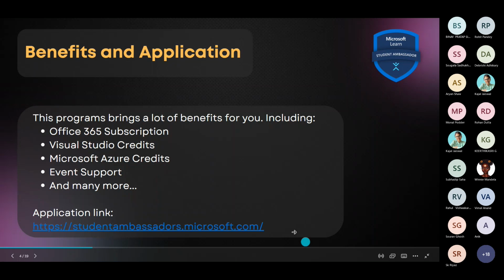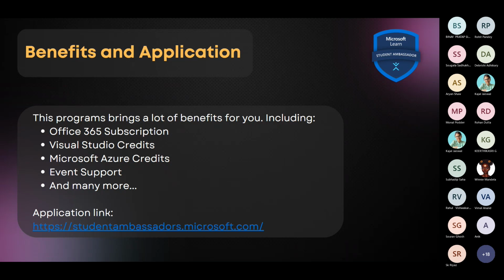This is the link for the application. If you want, you can apply via this link. There you will be asked about your personal details and given 3 questions about technology and how you will organize events. Answer the questions very wisely because they are the big selection criteria.